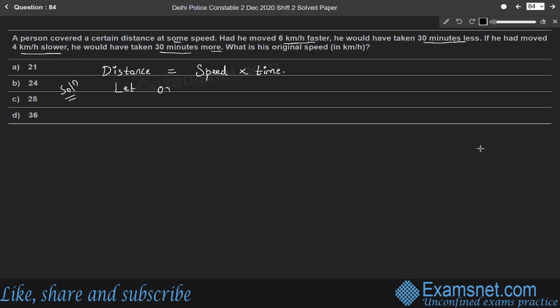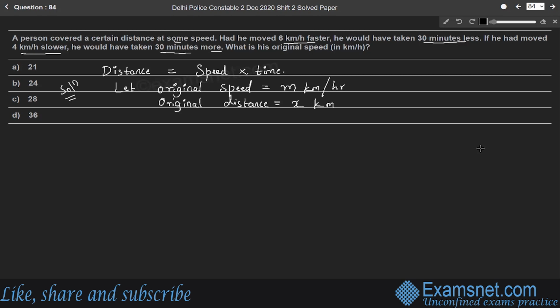Let the original speed be m kilometer per hour, and the original distance be x kilometers.